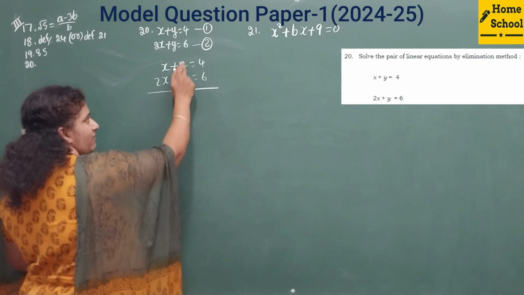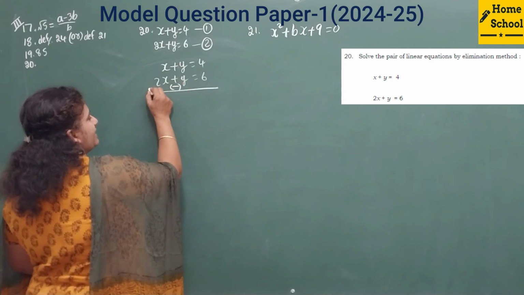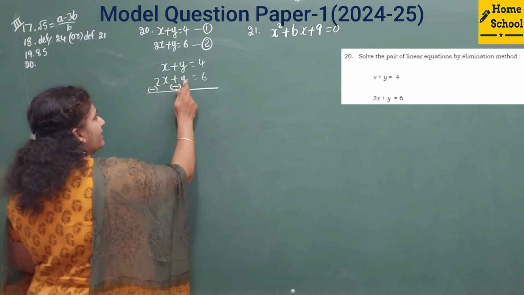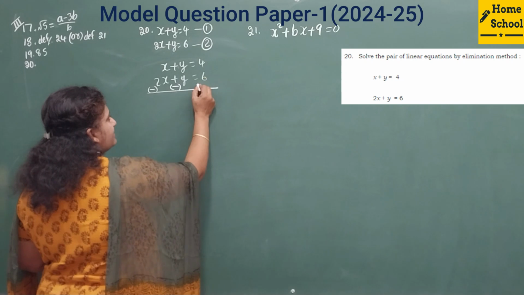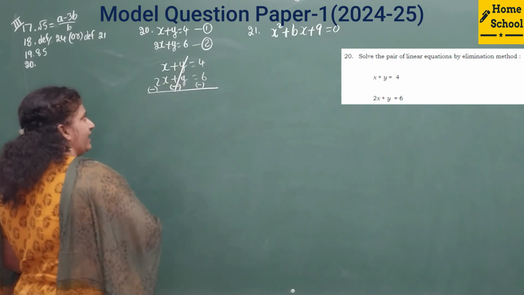Both having same value and same sign, so subtract the two equations by changing sign. You have plus 2x, write minus 2x, plus y, minus y, plus 6, minus 6. y minus y will be cancelled.